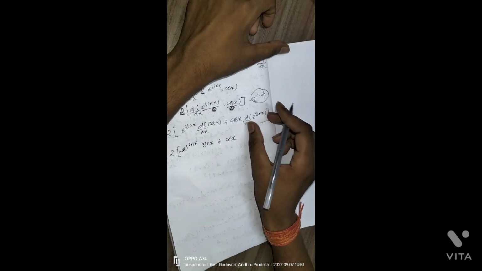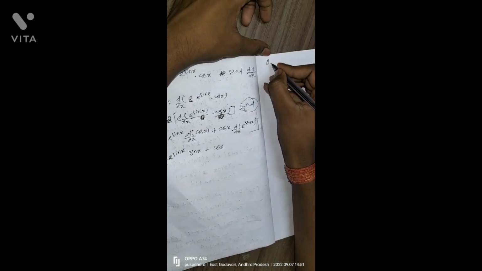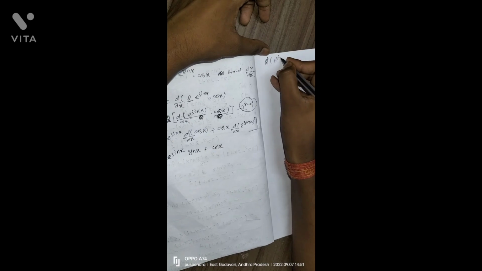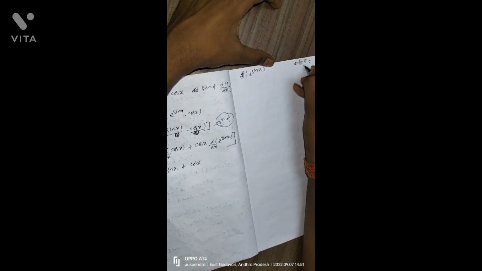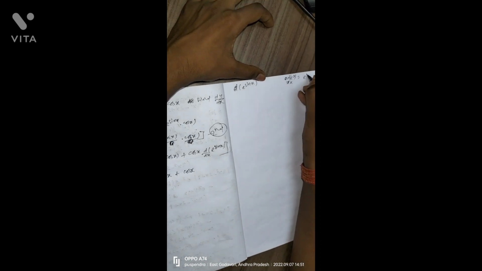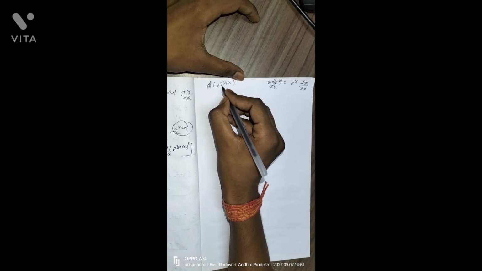Now what will be the derivative of this term? Derivative of e to the power sin x. We know that derivative of e to the power x is e to the power x times dx by dx. Our x is sin x.